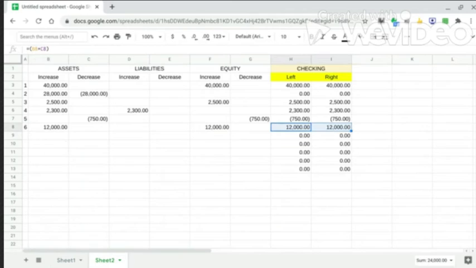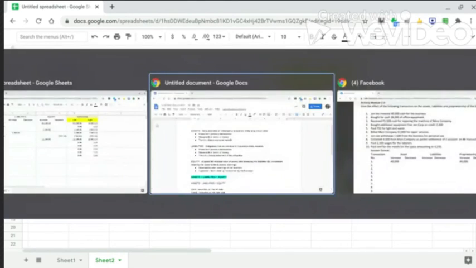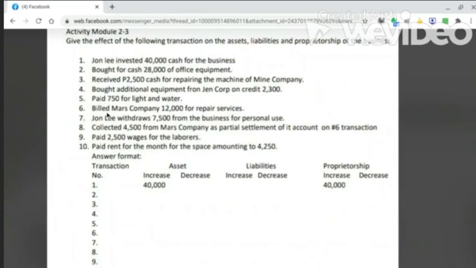So, number 7. On number 7, John Lee, si owner, withdraws 7,500 from the business for personal use. So, remember, nag-invest si John Lee dito sa business. Ngayon, on transaction number 7, nag-withdraw siya ng investment niya from the business.